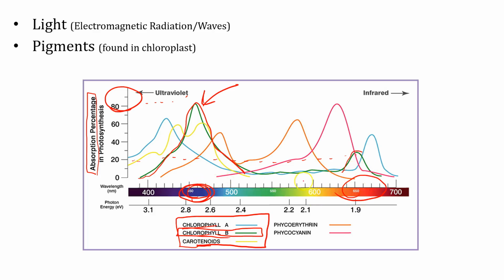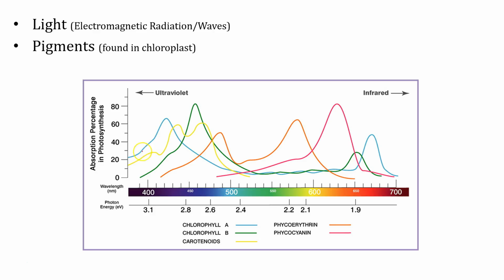So if you have blue and red colors absorbed, then the ones that are reflected are the ones that we see. This is an interesting thing. Again, this isn't something that you have to know for the exam, but something you might care to know about because it's interesting. Leaves are green because of these pigments, chlorophyll A and chlorophyll B. Here's chlorophyll A right here.